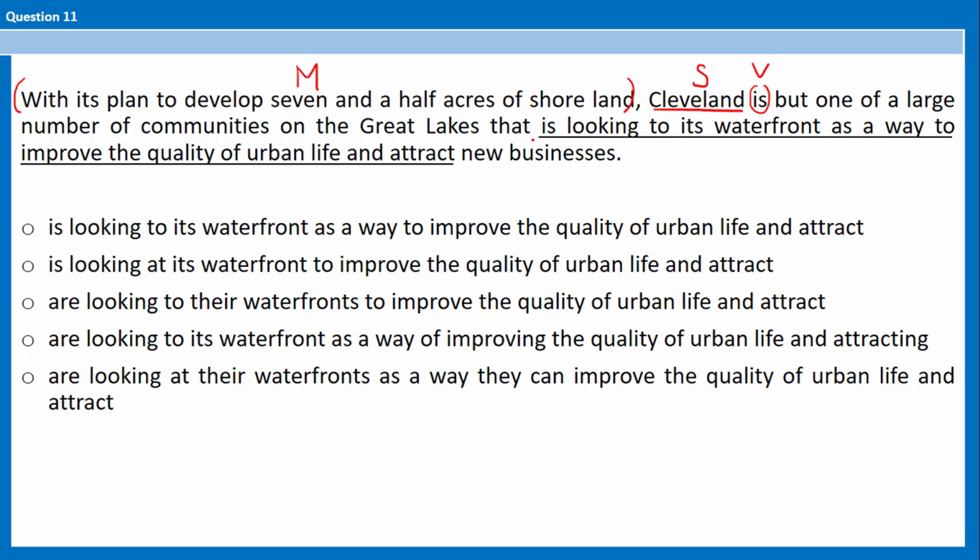So, interesting. Take a look at this particular phrase: that is looking to its waterfront. Okay. That is looking, what is that describing? Is it the Great Lakes or the communities on the Great Lakes? Well, the lakes cannot be looking, right?